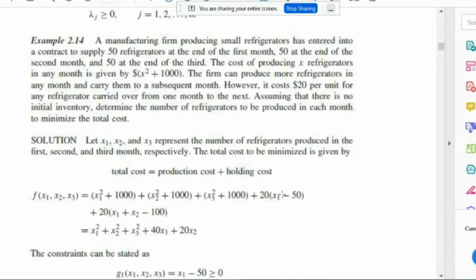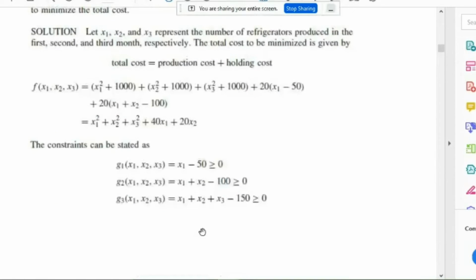Whatever stock is left during the first month will be carried forward to the second month, and again at the end of the second month, whatever excess quantity remains can be carried forward to the third month. In such a way, the carrying cost is said to be incurred during the second month and third month, right?